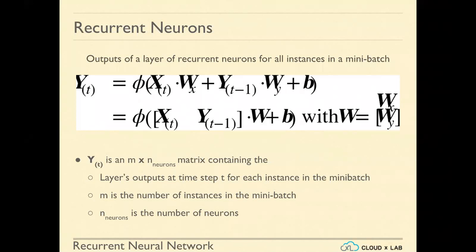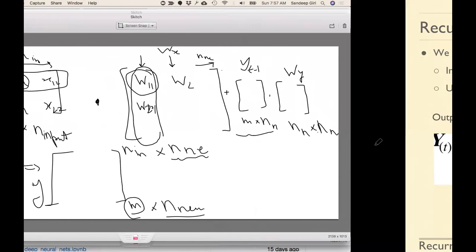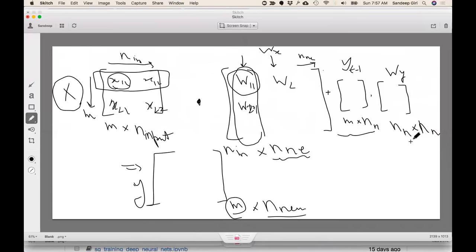Is Wy equal to m into n of neurons? Okay, Wy is number of neurons by number of neurons.